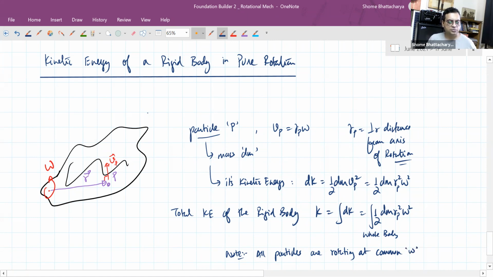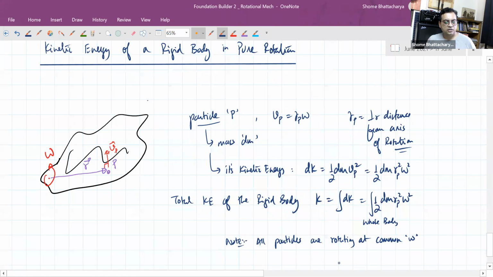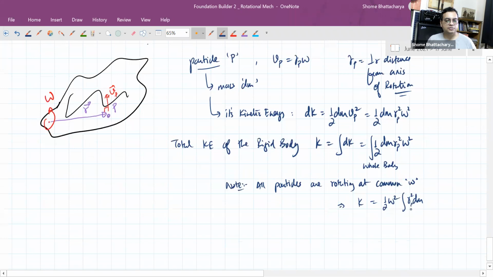So when we integrate this term next, we can see that we can take that omega square common outside. So the kinetic energy becomes half omega square into integration of r square dm. Now this quantity integration of r square dm is given a special name and we call it moment of inertia. Just a moment, people.